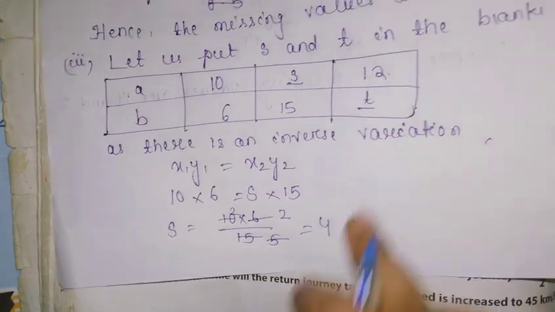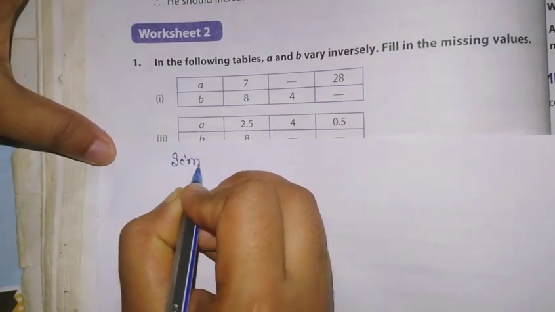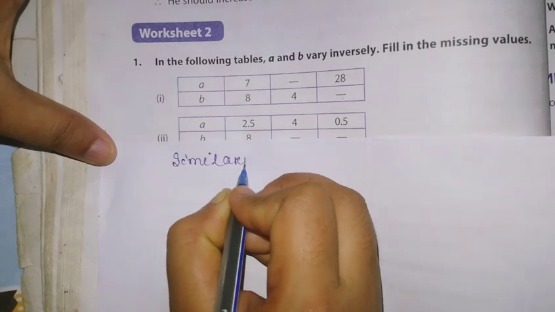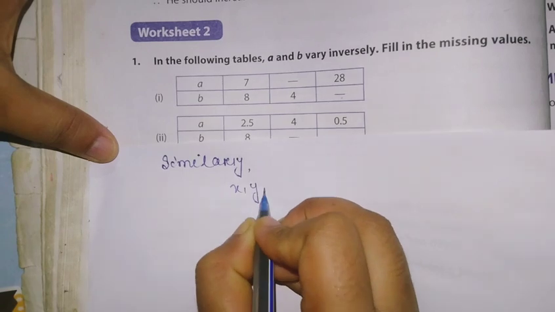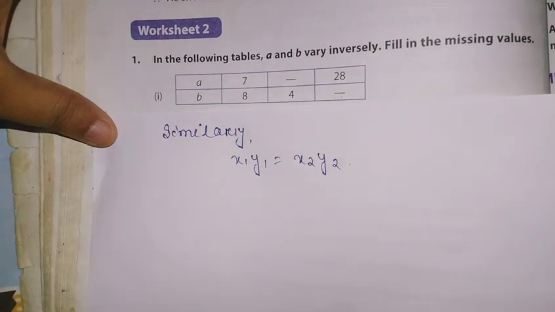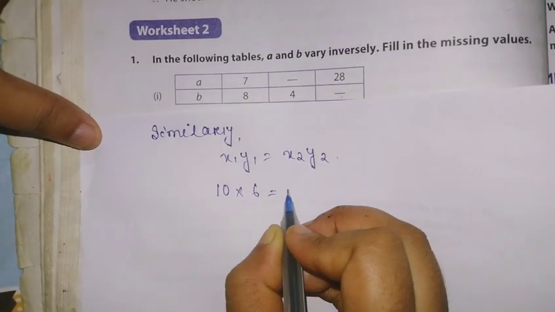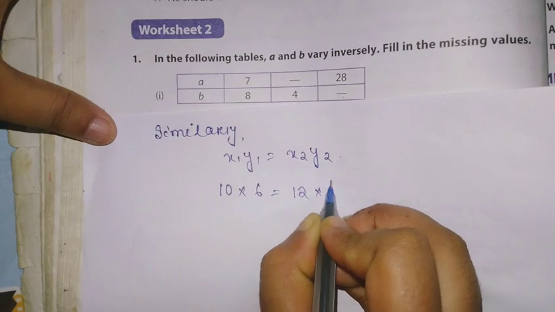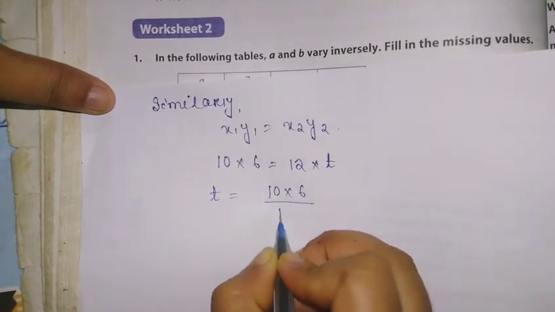Similarly, we find T. x1 into y1 equals x2 into y2. Here x1 is 10 and y1 is 6. Then x2 is 12 and y2 is t. Then t equals 10 into 6 divided by 12.